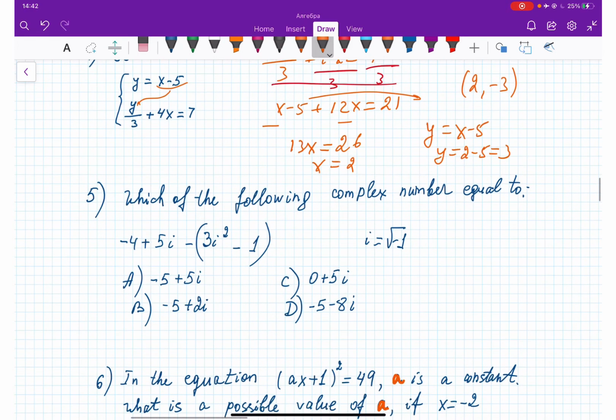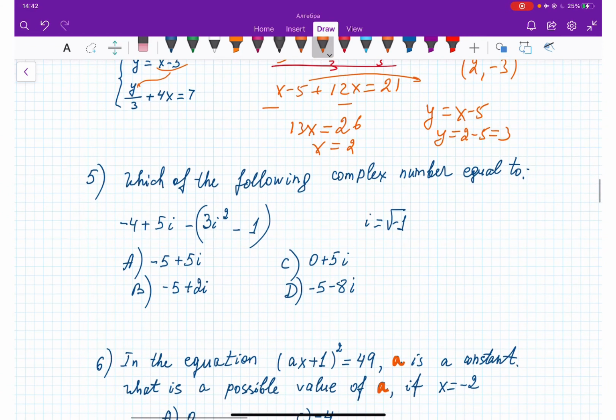Question number 5. So what do we have? Let's see. Negative 4 plus 5i minus 3i squared plus 1. If i is equal square root of negative 1, then i squared is going to be equal negative 1, which means this i squared will become negative 1.